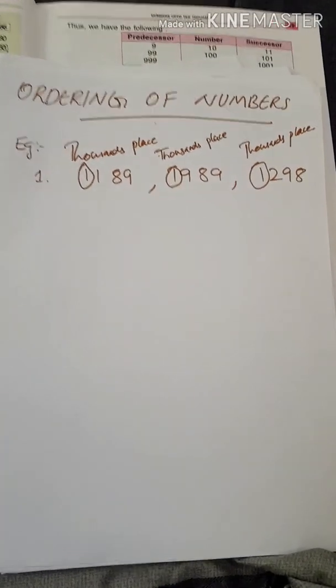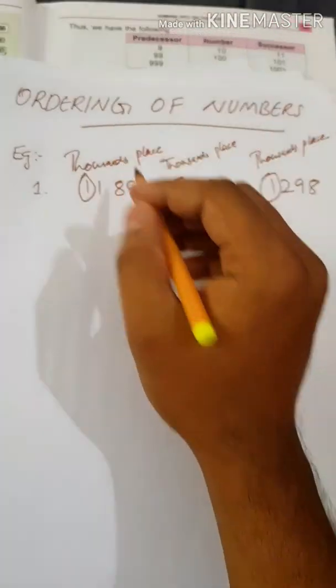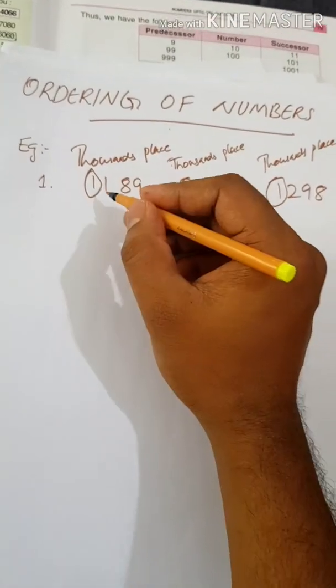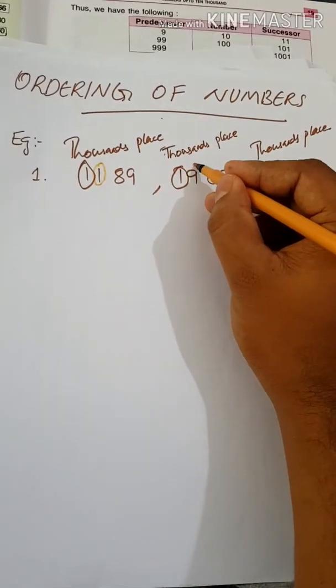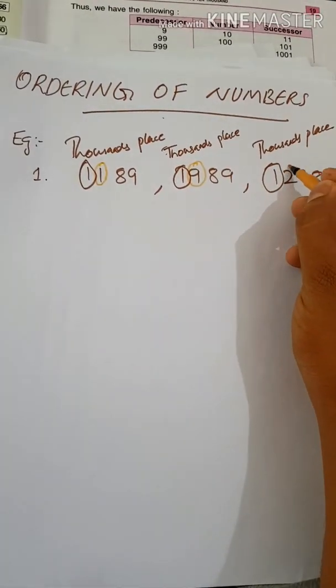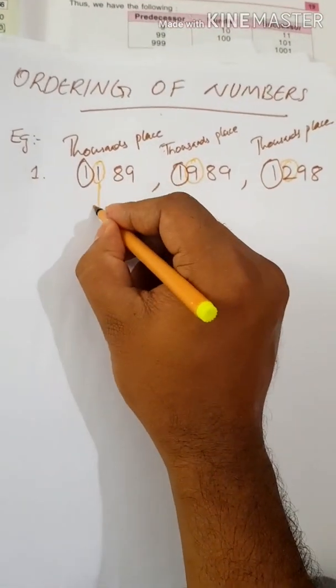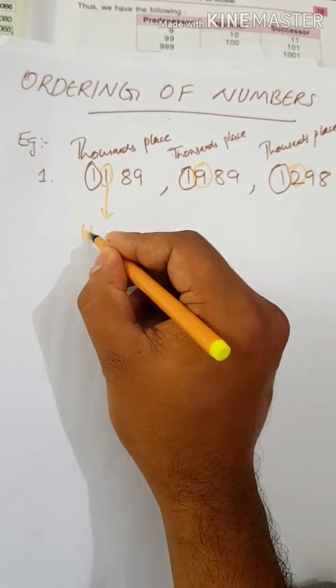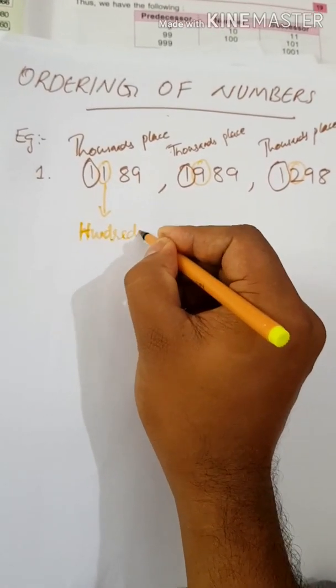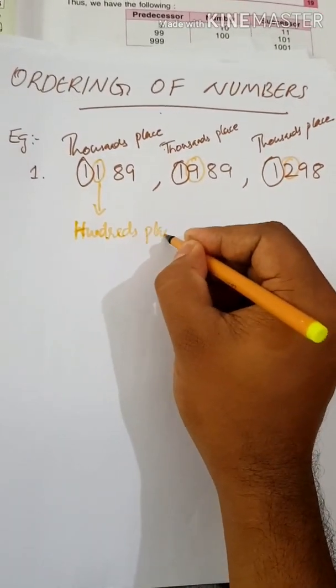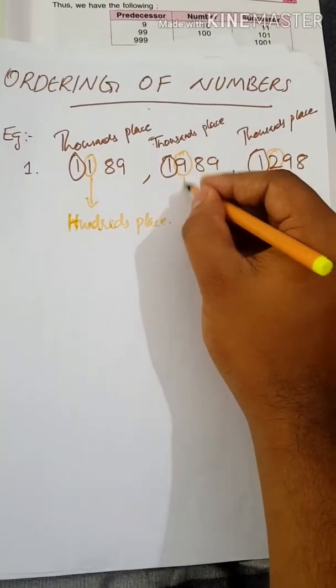What is the next place value? Hundreds place. These are the hundreds place.